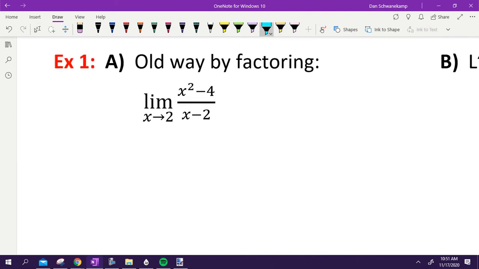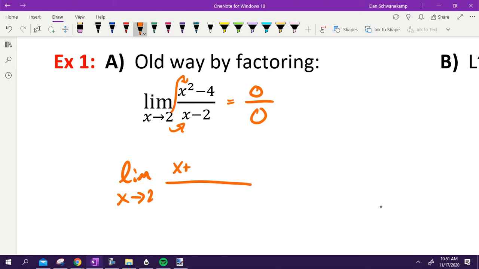Okay, so here's what we're going to do. Let's find the limit as x approaches 2. We plug 2 in on top and bottom. If I plug in 2 on top, what am I going to get? 0. If I plug in 2 on bottom, what am I going to get? 0. I get 0 over 0. So right now, if we get 0 over 0, the thing we would do is factor.